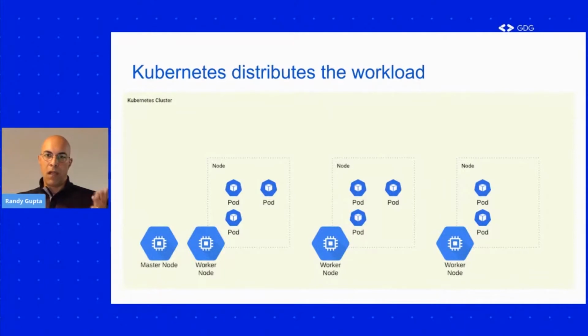That can be an HTTP endpoint that replies with an HTTP 200. As long as the pod is replying to that request, Kubernetes knows, okay, that pod can still take more traffic. If it stops doing that, then Kubernetes assumes this pod is unhealthy, and it will route the traffic to the healthy pods and eventually kill that pod.